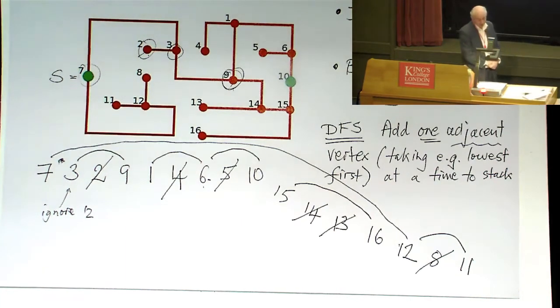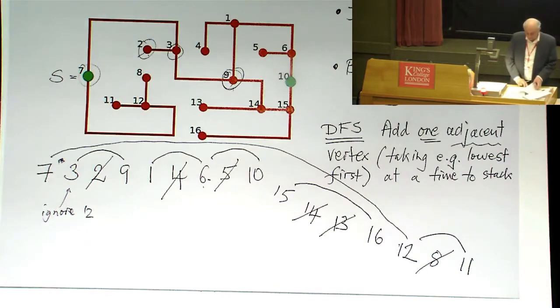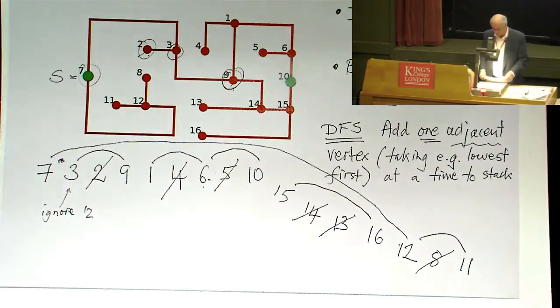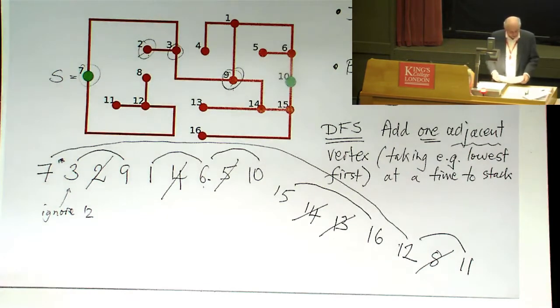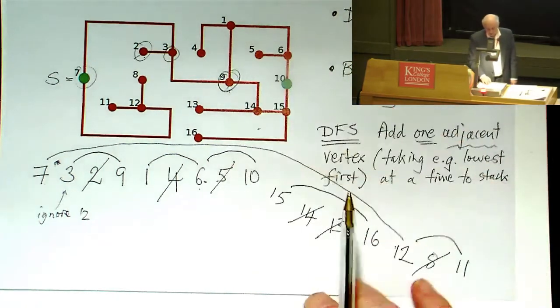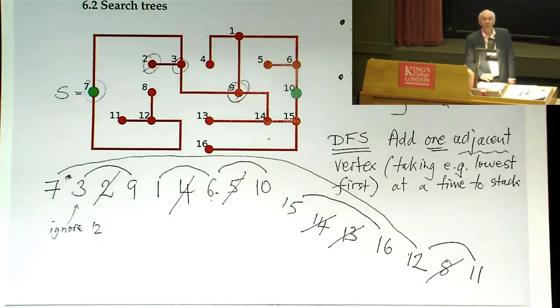This search, because we're actually getting to every vertex, we can summarize how we've got to every vertex by means of a tree. So first of all, let me ask you, is this graph a tree? No, why is it not a tree?